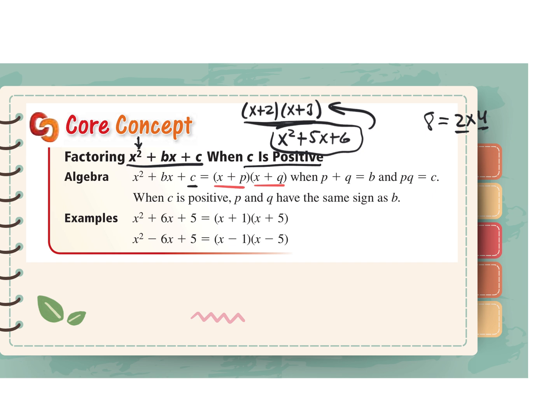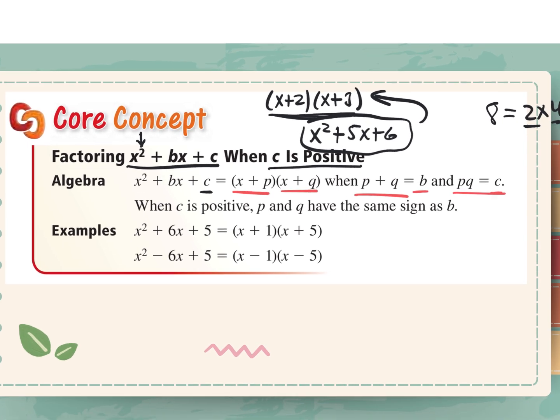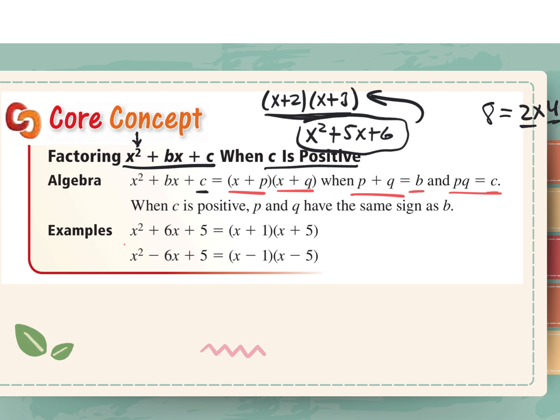Now, the rule here when trying to factor is you want p and q to add to your middle term and multiply to your last term, right? That's where the factors come from, right? So let's look at these examples right here. I noticed that in this example, x squared plus 6x plus 5, the last term is 5, right?